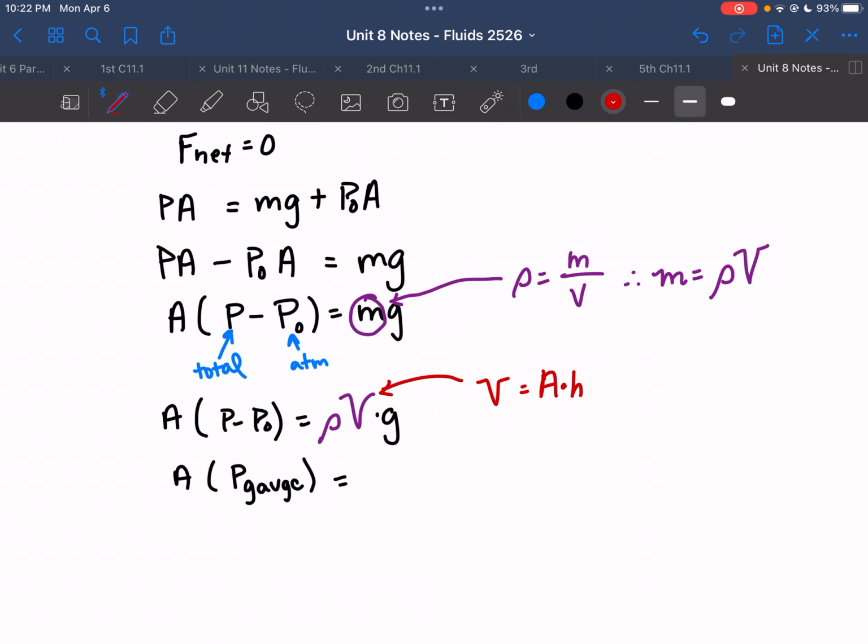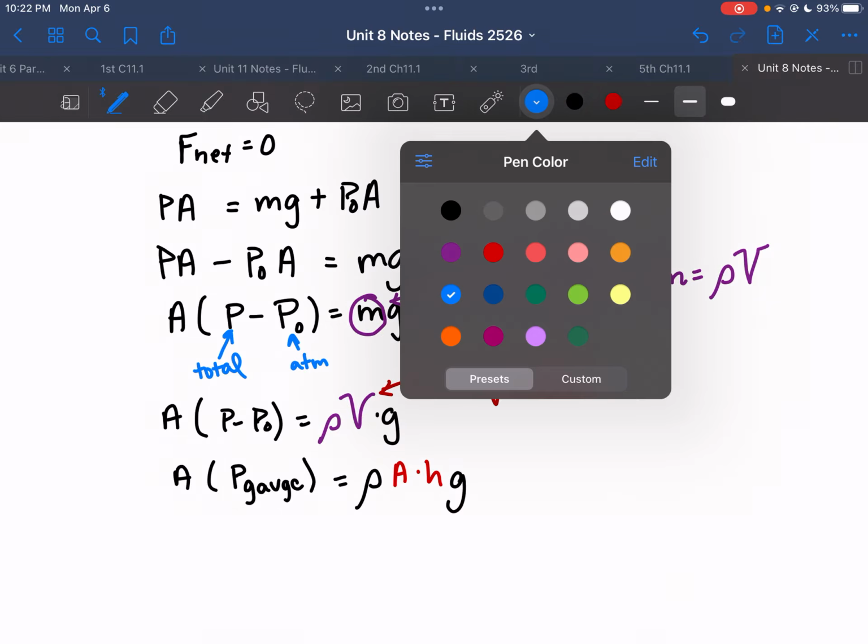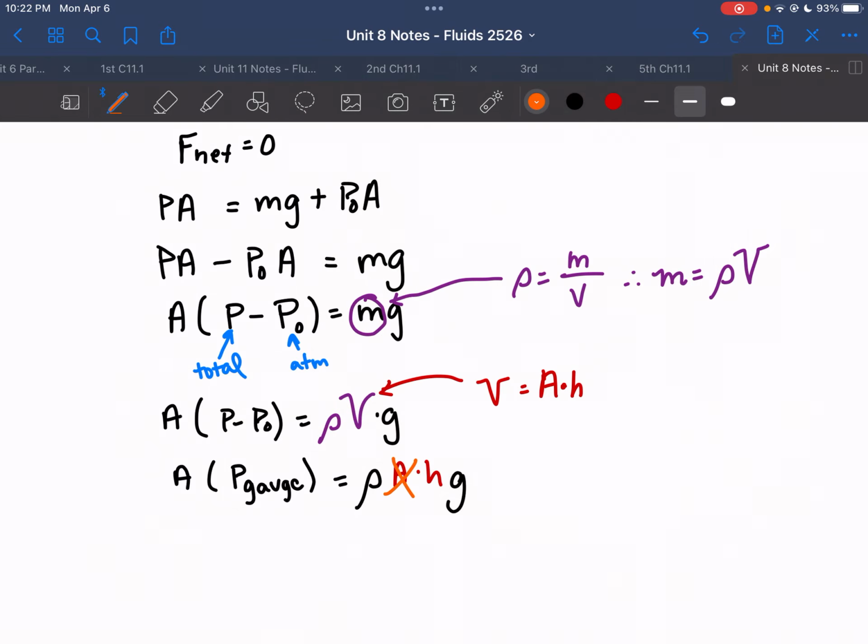So if I replace this, I have the density times the area of the base times the height times g. Now the nice thing about what we have here is that we have A in both terms. So I can divide by A and cancel that. And what that tells me is that the gauge pressure is equal to the density times the height times gravity.